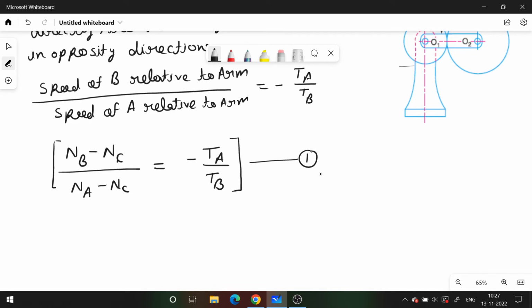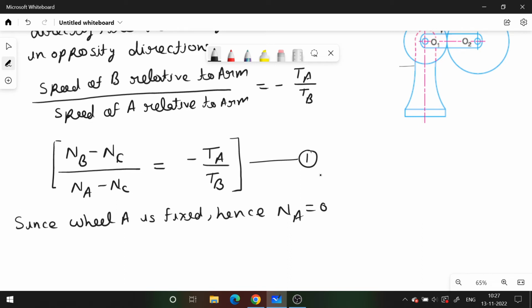Since gear A, or wheel A, is fixed, hence NA will be equal to 0.